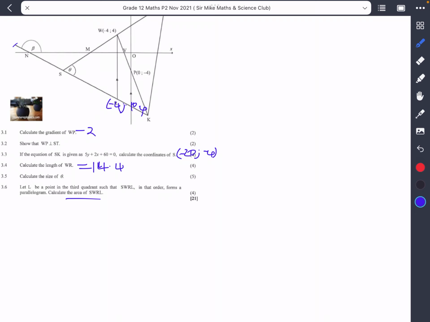Now, we know that theta there would be the exterior angle of that triangle that we have right here. But at the same time, this angle here, beta, would also be the exterior angle of this triangle that we have there.